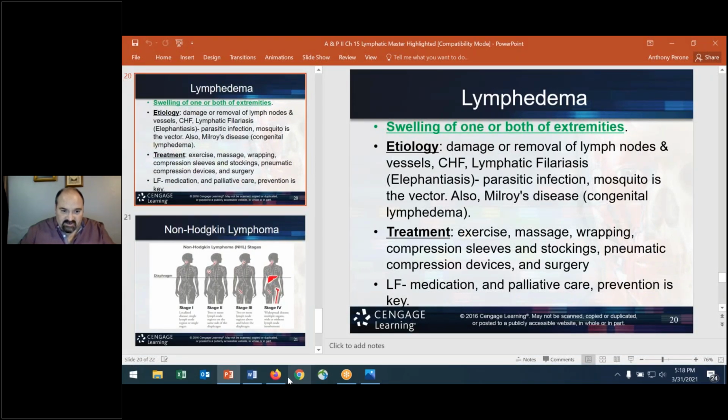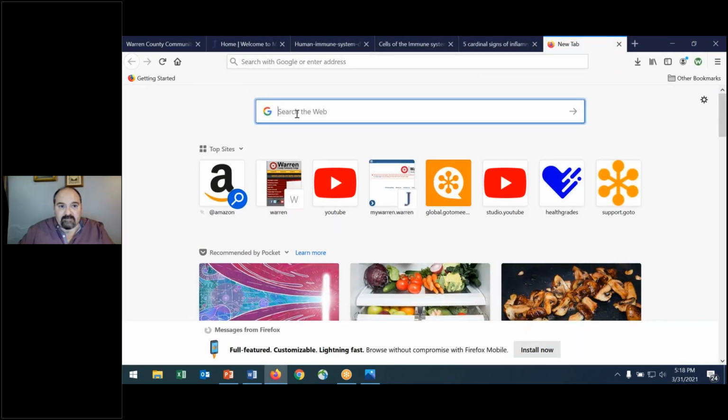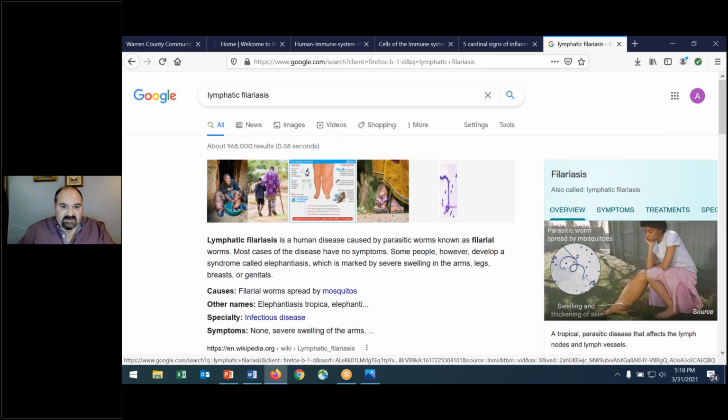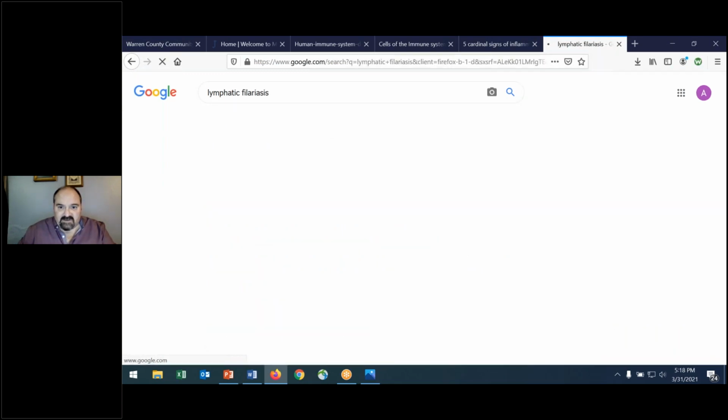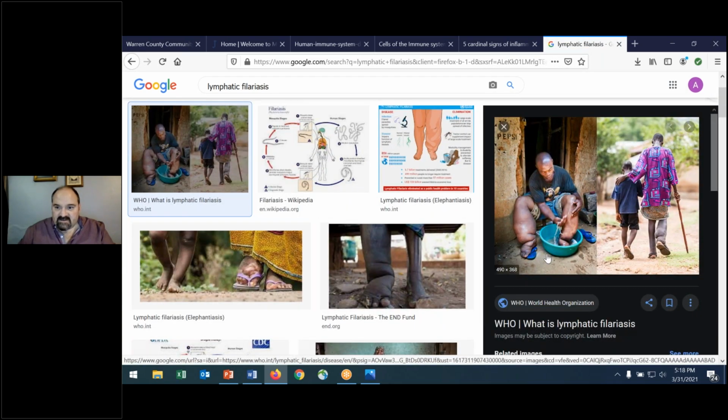I'll show you briefly here. And again, this is called elephantiasis also. And you'll see here, folks, this is just very sad.